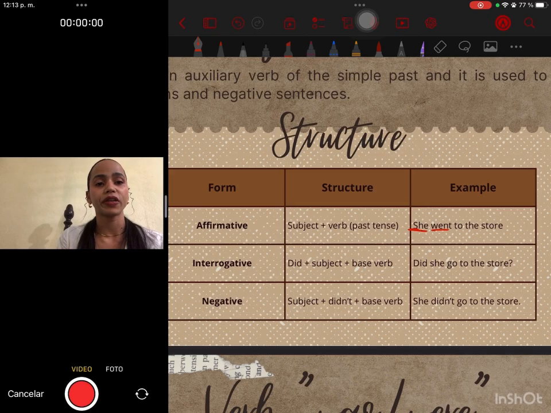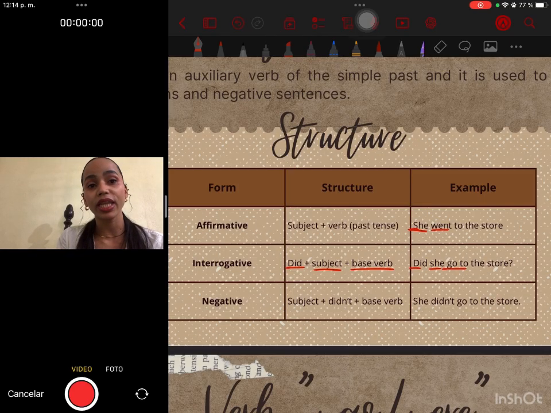The structure for the interrogative form is did plus subject plus base verb. In this part, we don't use the verb in the simple past, we use the base verb. Example: did, auxiliary verb, she, subject, go.